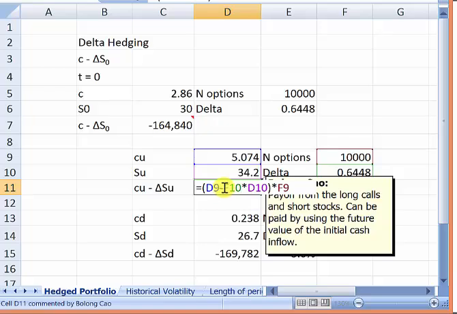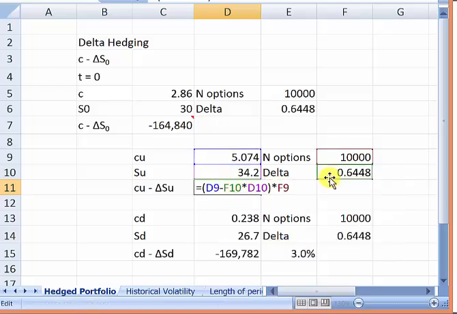What I have done is just put the call premium, and delta is the green one, times the purple, which is the underlying price. Everything is scaled by F9, which is the 10,000.